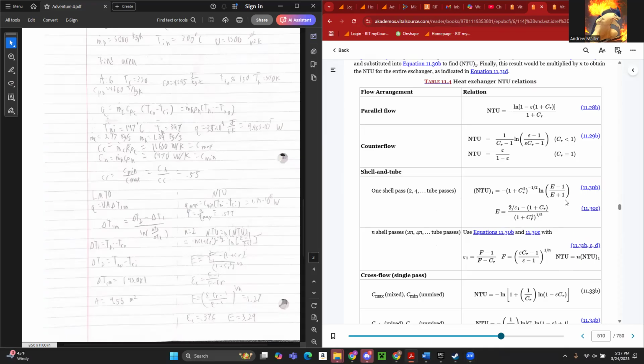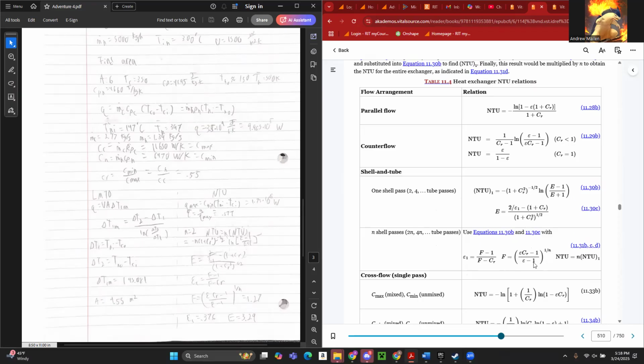However, as you can see in this equation, you're going to need the value E, which you can find so long as you have the effectiveness 1 value. Effectiveness 1 needs the value F, and here we can see that the value of F is in terms of the efficiency times the critical thermal mass, or CR, and the number of passes.